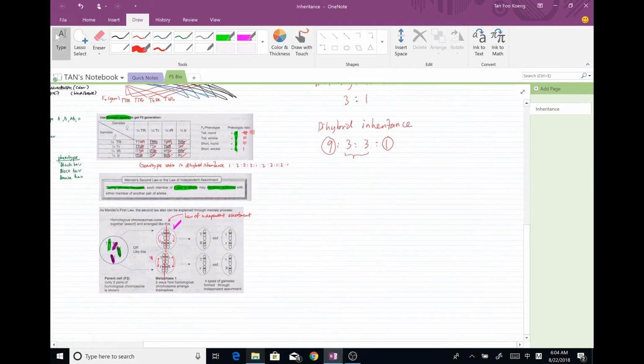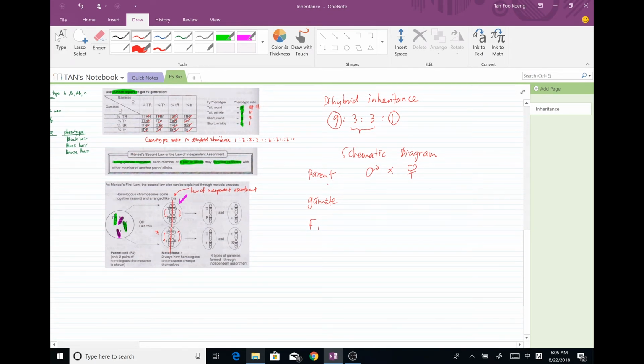And when you are asked to draw a schematic diagram on inheritance, remember to start from the parents, and the parents will have to cross to get the F1 generation. In between the parents and the F1 generation, you have the gametes.